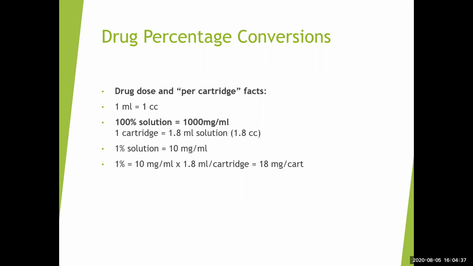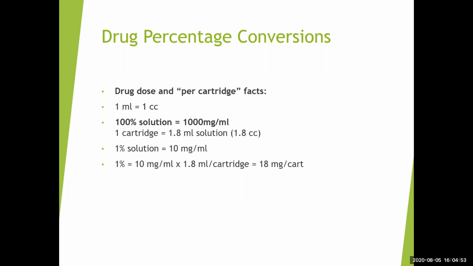And then a 1% solution is going to have 10 milligrams of whatever drug it is per milliliter. So if you have a 1% lidocaine, you would have 10 milligrams of lidocaine per milliliter of solution.